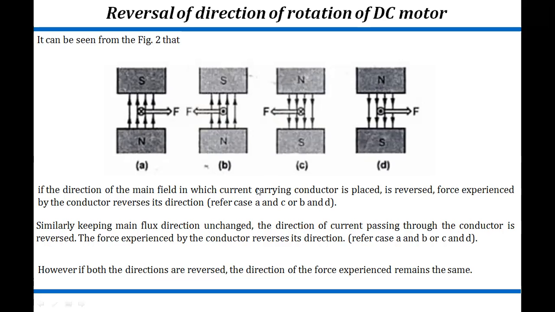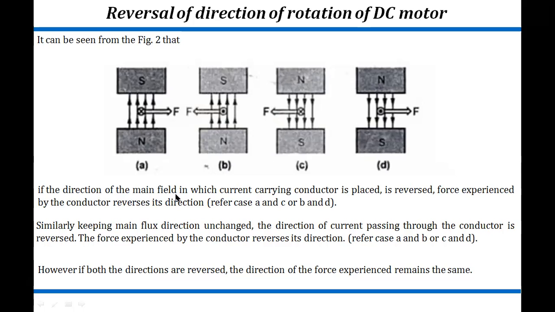However, if both directions are reversed, the direction of force experienced is the same. It means what? If we change both, the direction of current and similarly the magnetic flux, not changing the flux amount, only changing the direction, the direction of current which passes through the conductor, or the direction of the magnetic field.